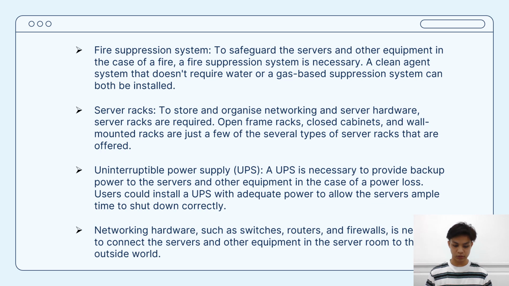Okay, the last one is networking hardware such as switches, routers, and firewalls, which is needed to connect the servers and other equipment in the server room to the outside world.